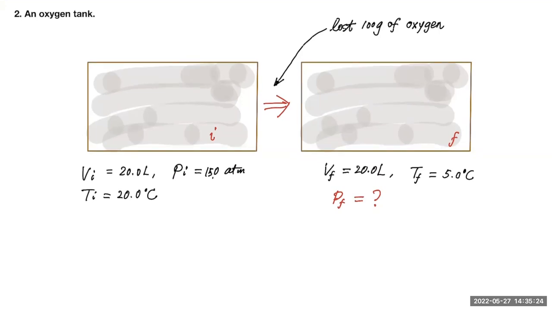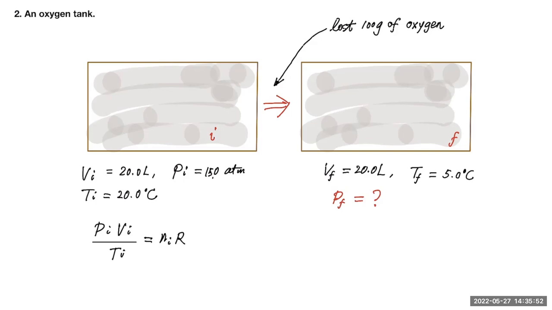For the initial state, I have P initial V initial over T initial equals N initial R. Be careful, I did not use just a generic N, I used N initial, because N final is going to be different from N initial. N initial is the number of moles of the oxygen before 100 grams of oxygen got leaked out.